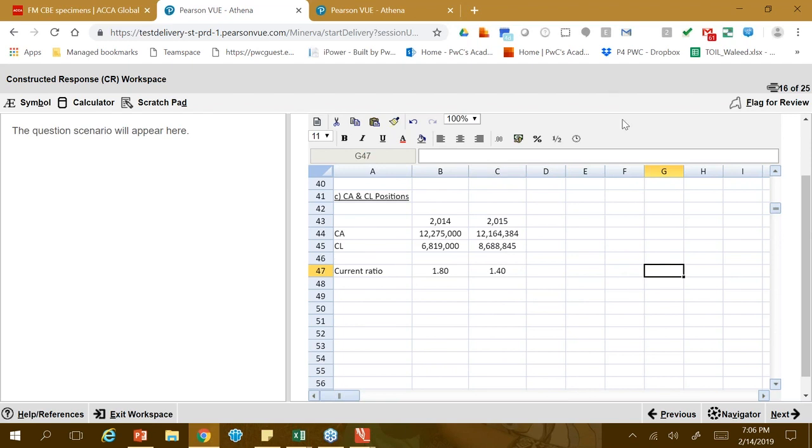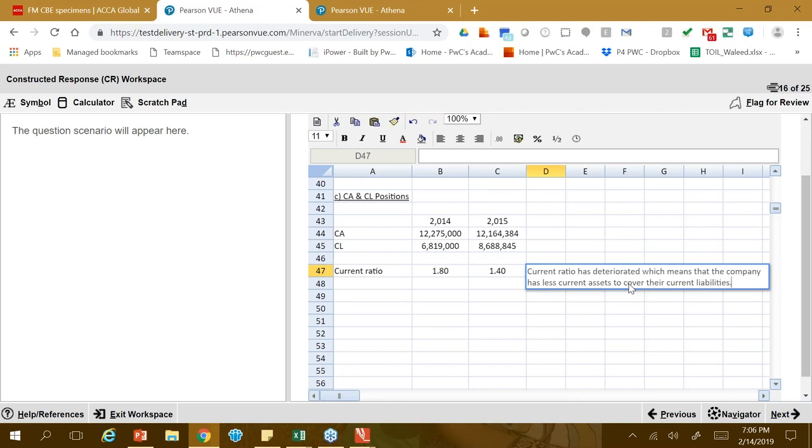Okay, so I can put a point here and say, well, current ratio has deteriorated, which means that the company has less current assets to cover their current liabilities.